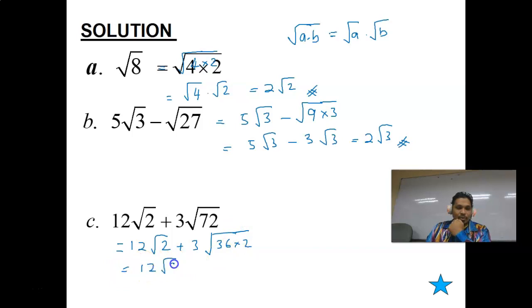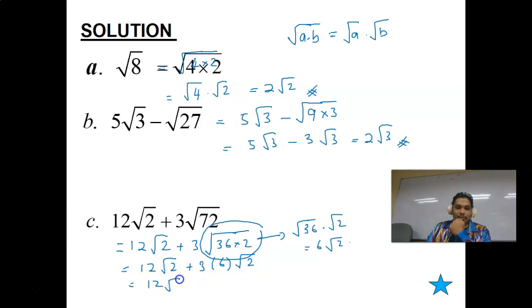Then we have 12 square root of 2 plus this. This equals square root of 36 multiplied with square root of 2, and square root of 36 is equal to 6 square root of 2. So 12 square root of 2 plus 6 square root of 2 is 18 square root of 2. Then what you have here now is 30 times square root of 2.